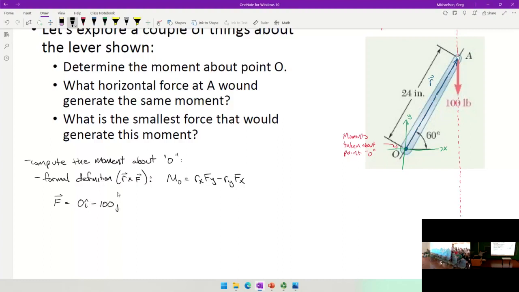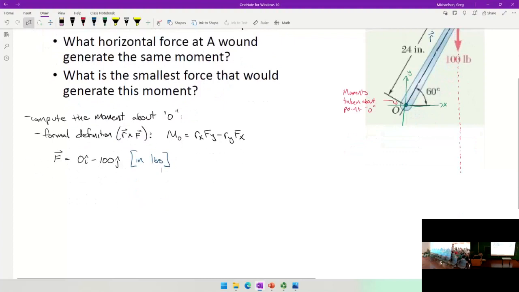Actually, is this too small? Do I need to write this bigger? Let me know. And we'll say this is in pounds. So I'll just stick the units here sort of off to the side. Now the R vector is going to take a little bit of work, okay? So for the R vector, we know that we've got this sort of triangle like this.